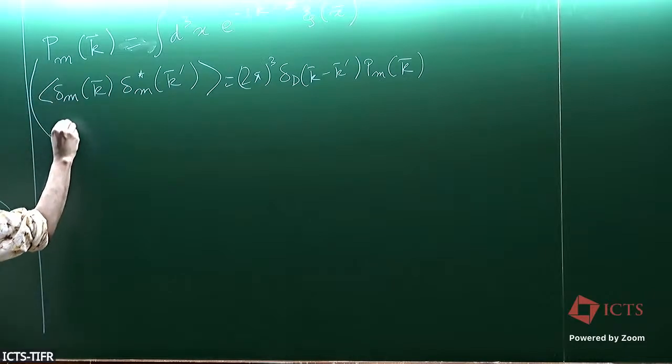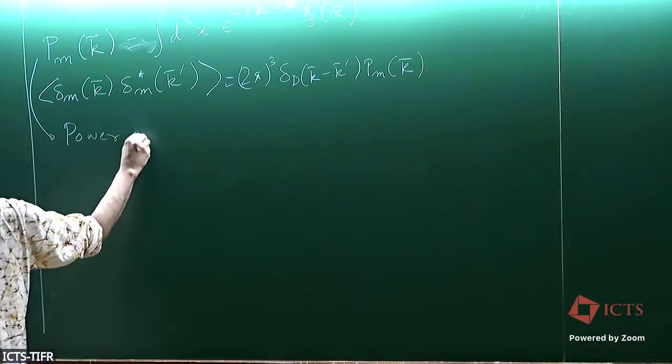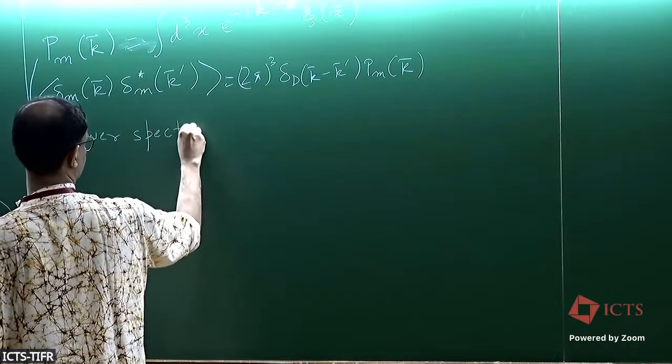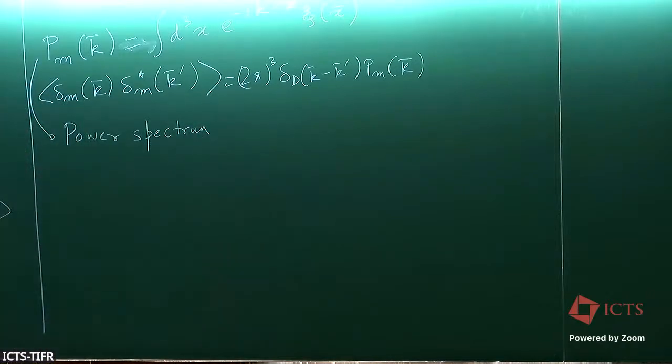So this is our power spectrum. The power spectrum is nothing but the Fourier transform of the two-point correlation function. It is related to the ensemble average of the product of the Fourier transforms of the density contrast in that way. In deriving this, what we have assumed is homogeneity of the universe.